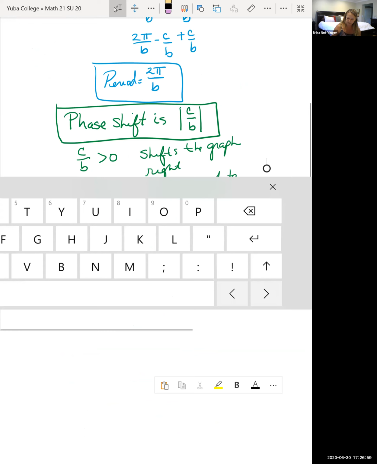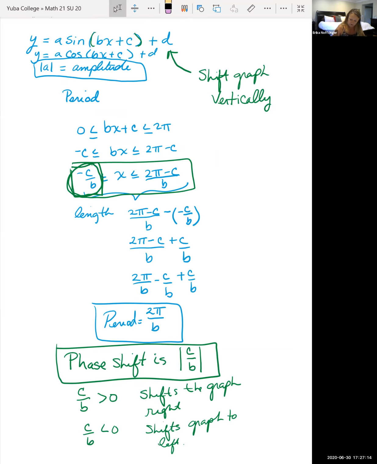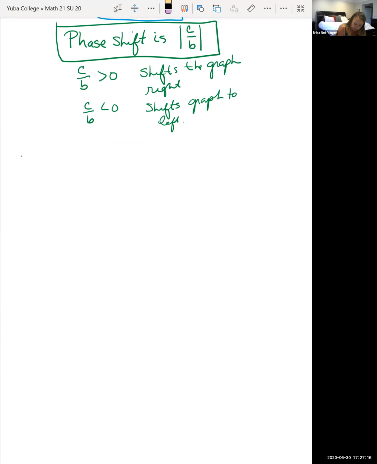Okay. So let's look at an example. Let's graph the following.